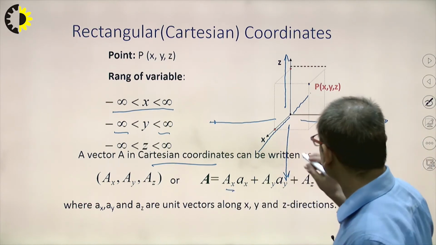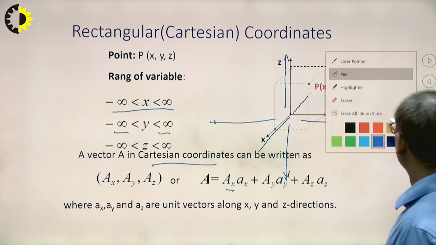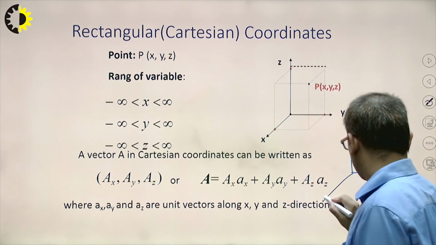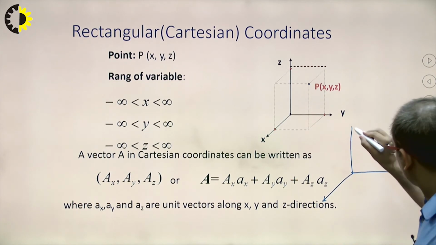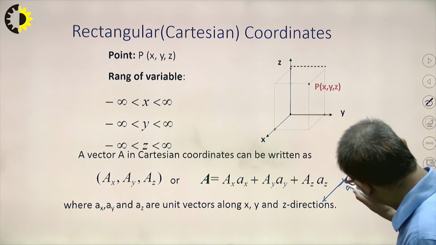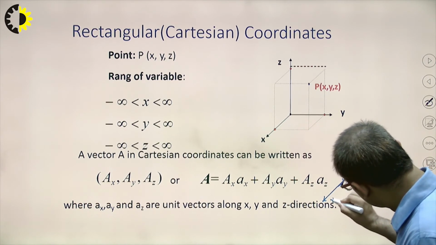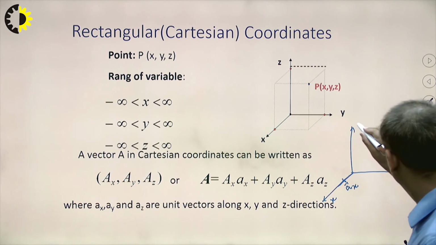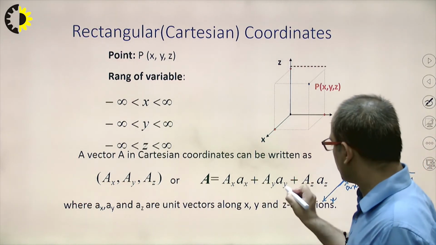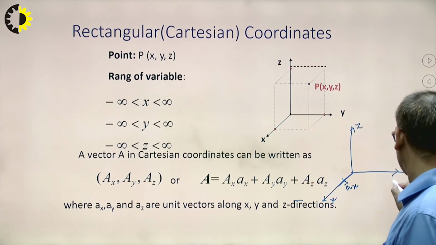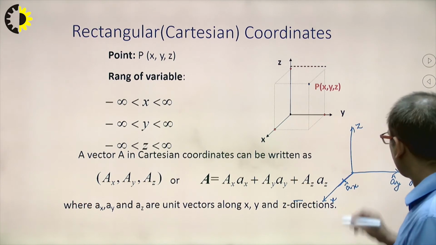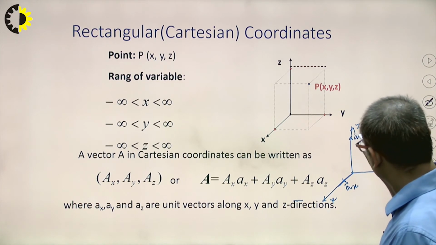Ax a cap x. What does this a cap x represent? This direction. This is x, this one is y, and this one is z. Clear? And this one is a cap y, and this one is a cap z.